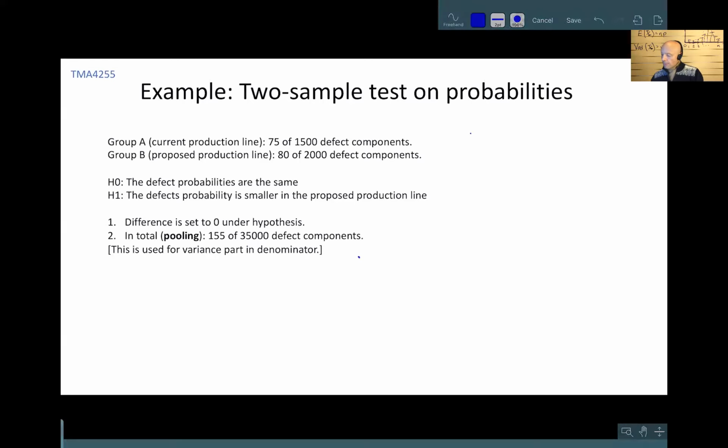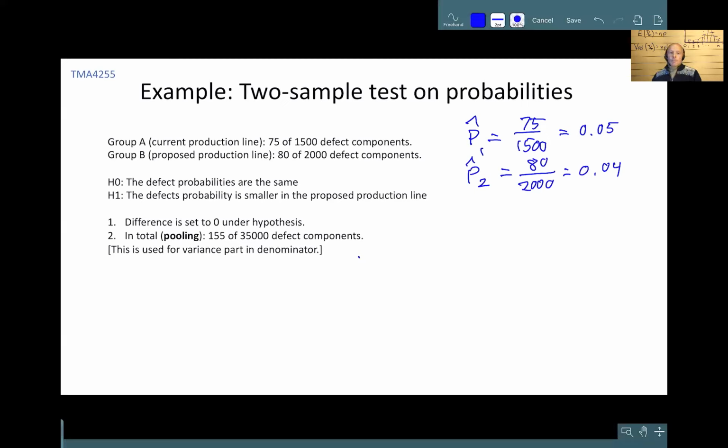So here, P hat 1 is 75 out of 1,500 trials, which is 0.05. P hat 2 is slightly smaller, 80 out of 2,000, which is 0.04.